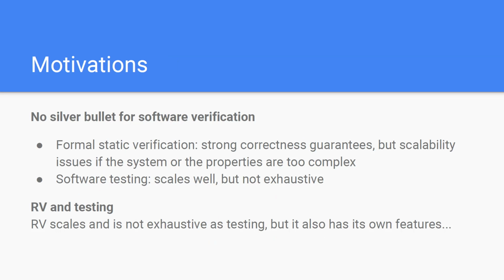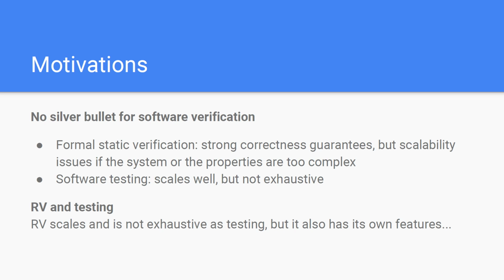Motivations for runtime verification. The motivation starts from the fact that there is no silver bullet for solving the problem of software verification. We all know that there are several approaches, with pros and cons. For formal static verification, of course, you have strong correctness guarantees.